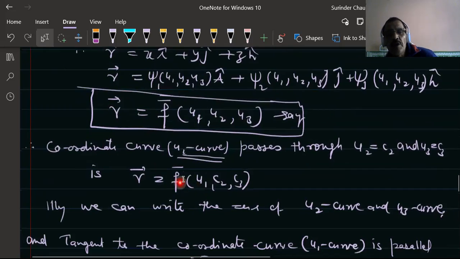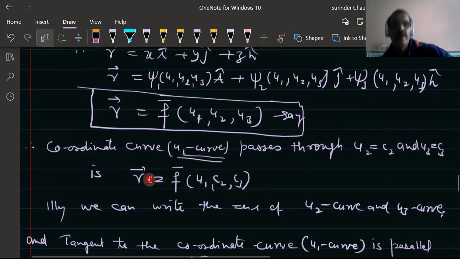If we replace u2 by c2 and u3 by c3, then R vector is equal to f vector of u1, c2, c3, which gives the equation of the u1 coordinate curve.